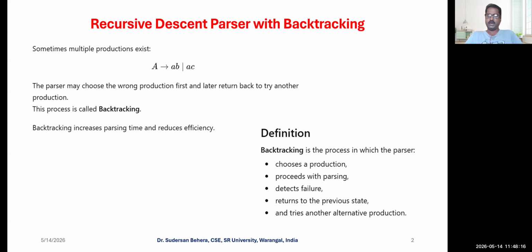So it detects the failure, returns to the previous state by using a rollback technique, removes the production, and tries another alternative production. This particular method is called backtracking, which is a major drawback of recursive descent parsing.